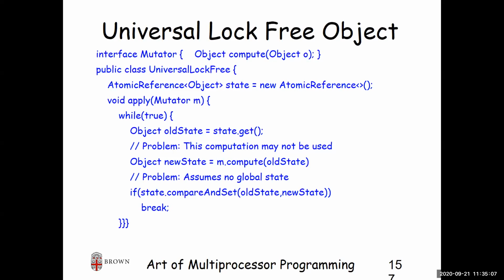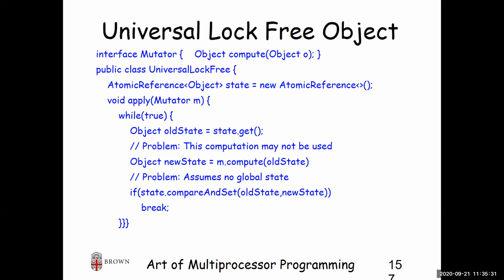And the problem with this way of doing things, right? I can make my universal lock-free objects and I can build everything on this. The problem is, if this compute operation is very expensive, then I might be wasting a lot of computation, because if threads are competing with each other, I might be throwing away computations a lot because the compare and set fails.